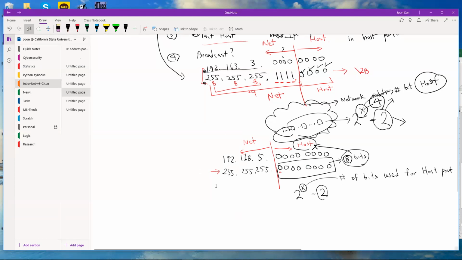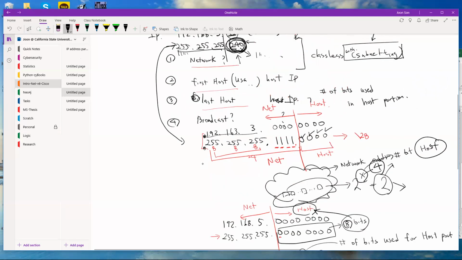But in my previous example, the non-natural boundary case, I need to draw the line here, and 4 bits are used for the host portion when the subnet mask is given as 255.255.255.240.